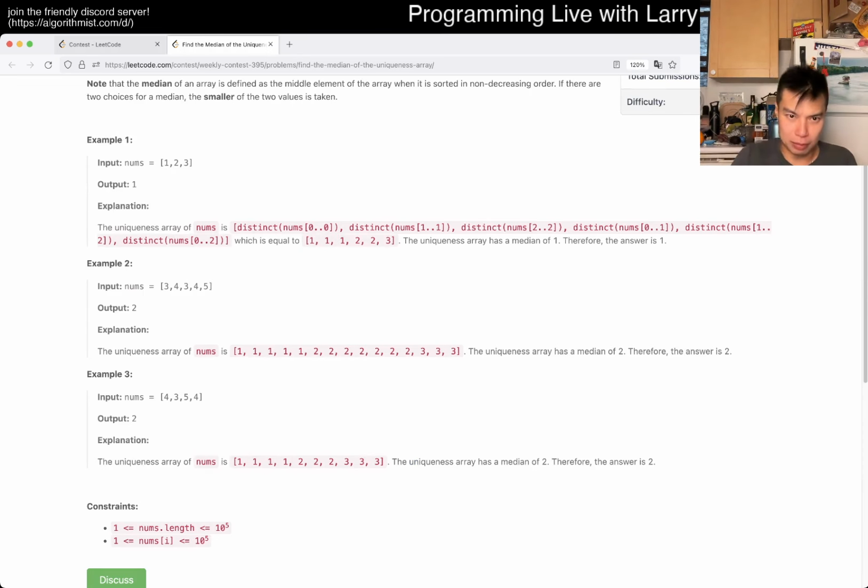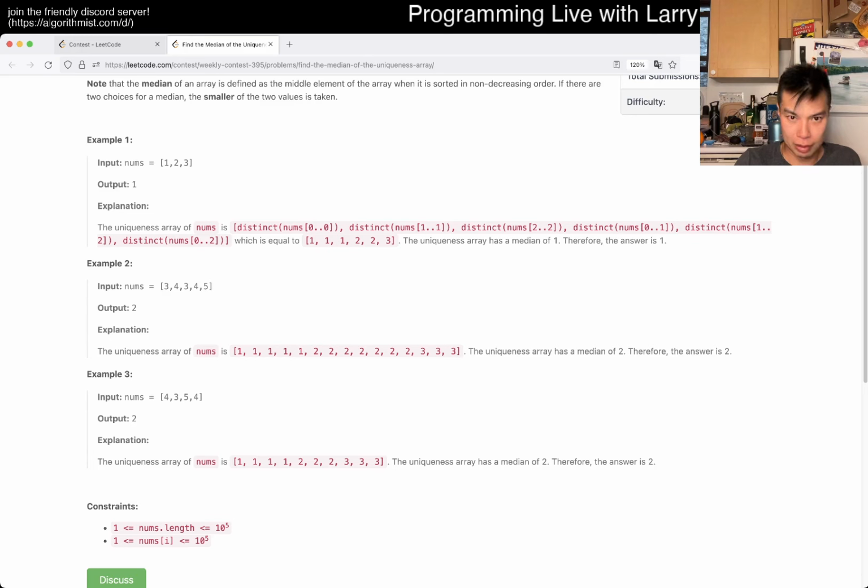Okay, so if you have distribution, that also matters, but I think I have to figure it out. Let's say they're all unique. I think that's the case I want to think about first.